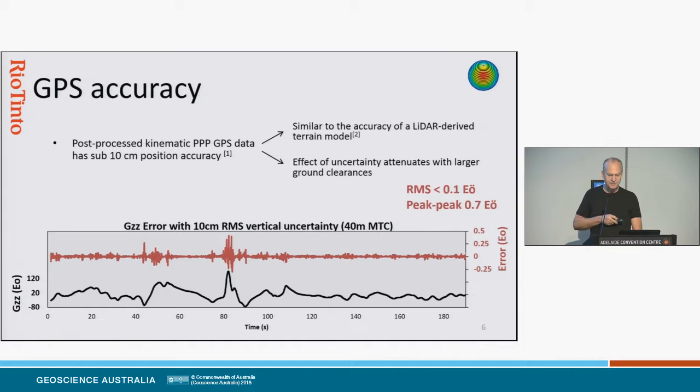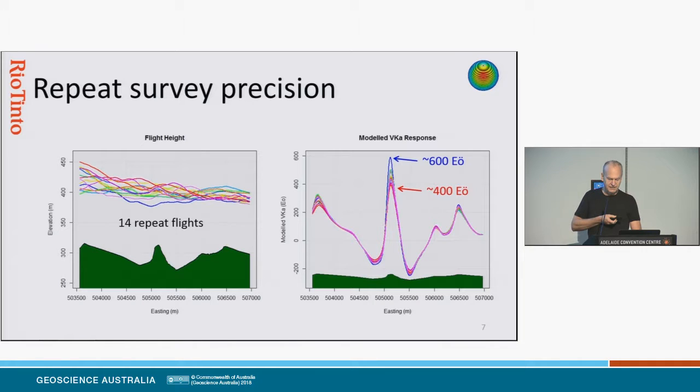So in terms of the actual flight path itself, we can be fairly confident that we're getting a pretty close approximation of where the flight path measurements are actually taken. And the RMS is typically less than 0.1 Eotvos, and peak to peak is 0.7. So in terms of the targeted 1 Eotvos accuracy for the VK1 system, that's quite manageable.